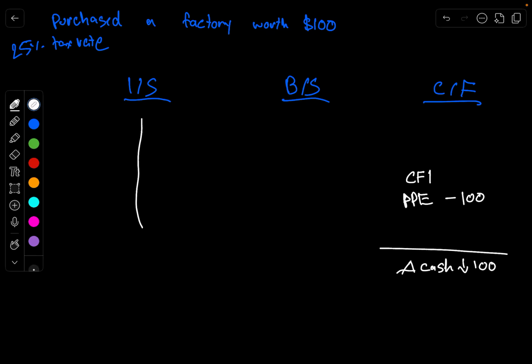Now we move over to our balance sheet. So under our assets, what happened here? Well, our cash went down by 100. However, our PP&E went up by 100, right? Now we own a factory worth $100. So with that, was there any change to our liabilities or our shareholders' equity?